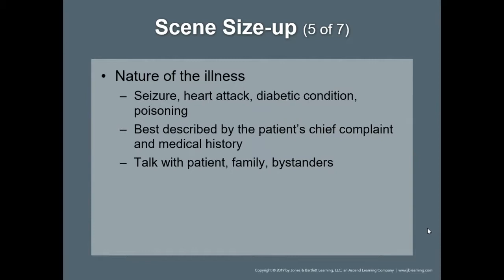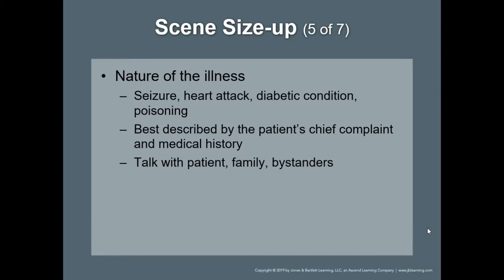Best describe the patient's chief complaint and medical history. Talk with the patient, family, or bystanders. So when you start to consider the nature of illness, you can get that information directly from the patient, you can get it from family members, or you can get it from bystanders.